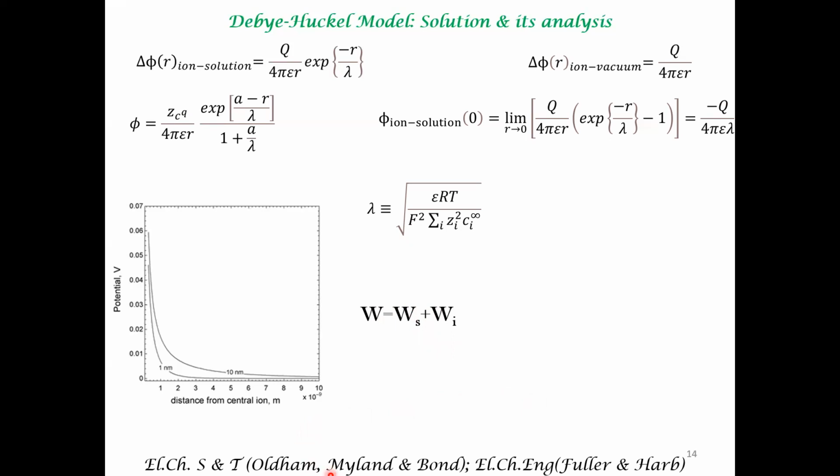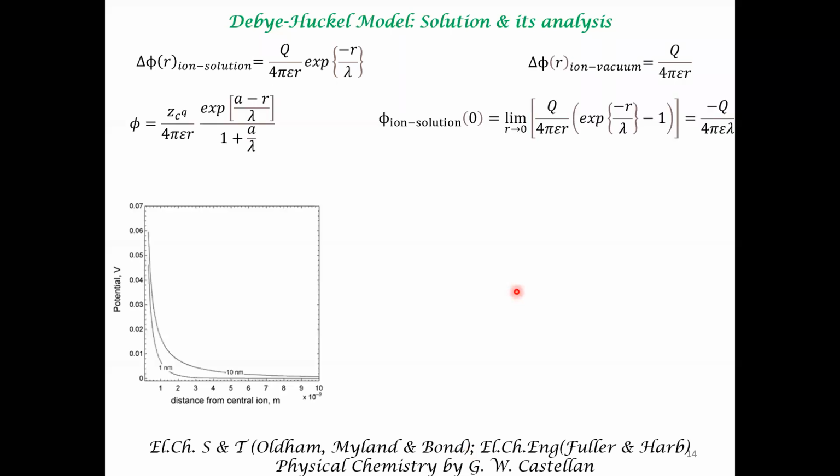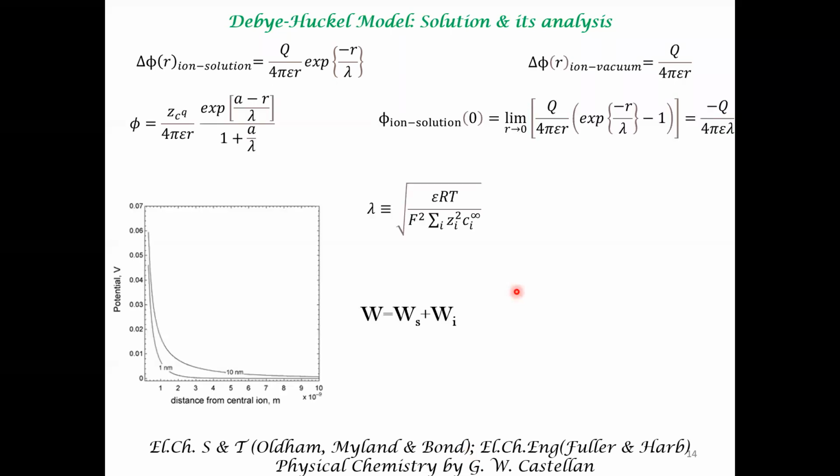It's also not elaborated in the two textbooks, but a very good reference for understanding that term is the textbook of physical chemistry by Castellan. I've added the reference here. This is an excellent physical chemistry textbook available as an inexpensive Indian edition.